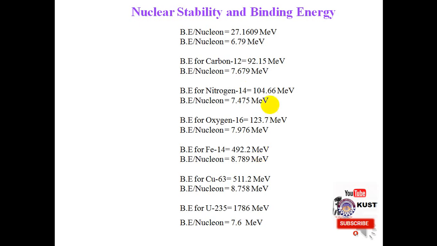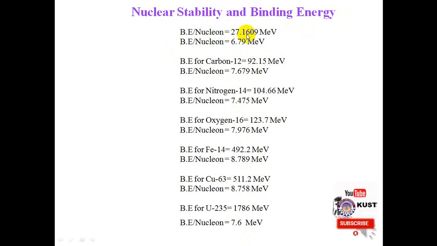For example, this is for helium-4. Now for carbon-12, you know there are 6 protons and 6 neutrons, and you also know the mass of carbon-12. From this you can calculate the binding energy and binding energy per nucleon, and similarly for all other atoms.